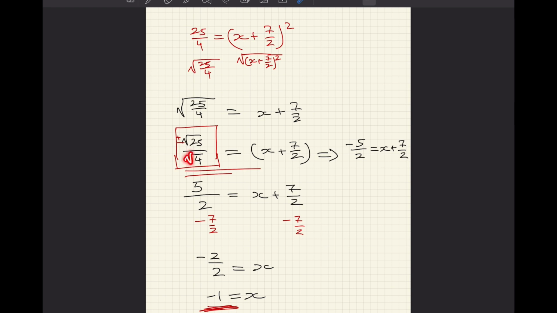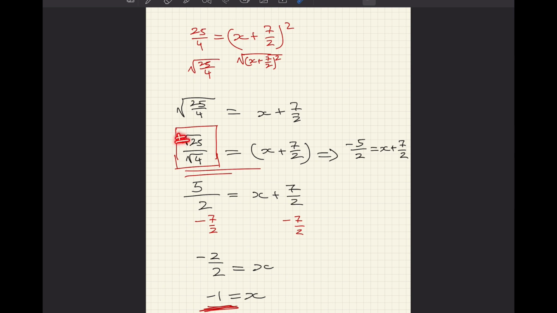Therefore, the square root of 25 is going to have 2 values to it. Now, the square root of 4 is also going to have 2 values, plus and minus. But those cancel out because plus and minus are going to be exactly the same. So we're only left with 2 unique solutions.